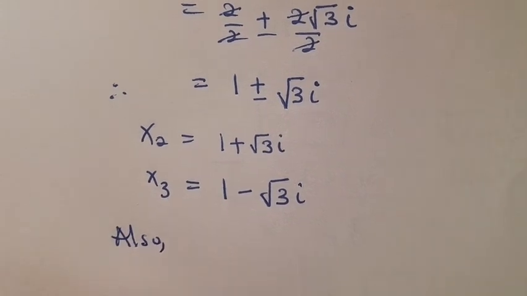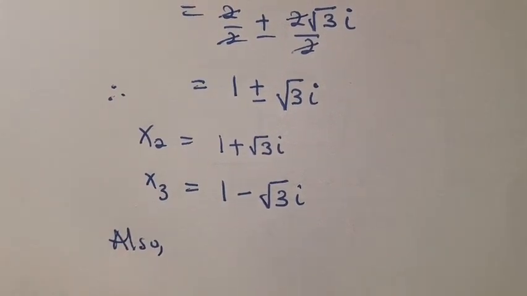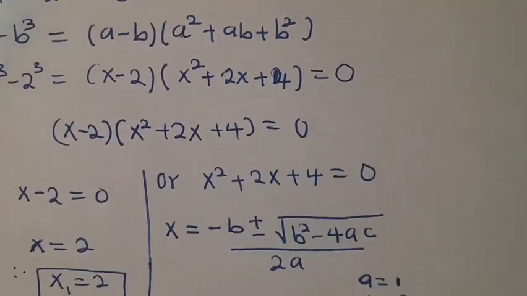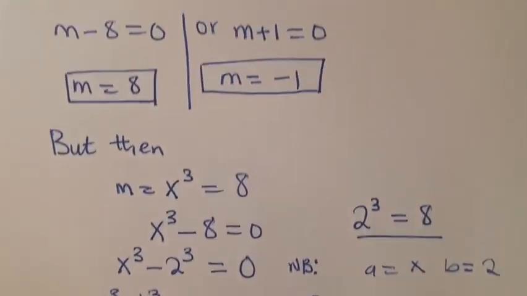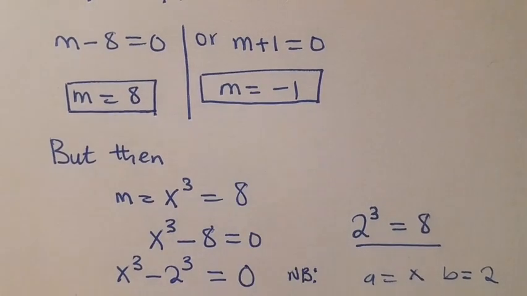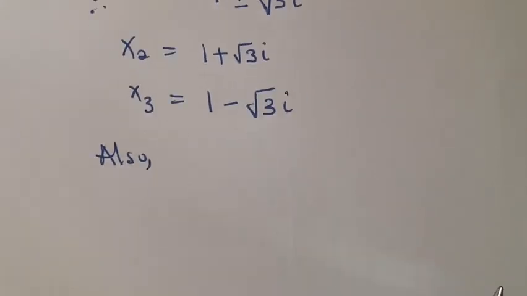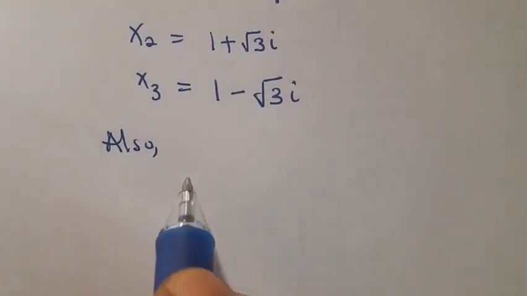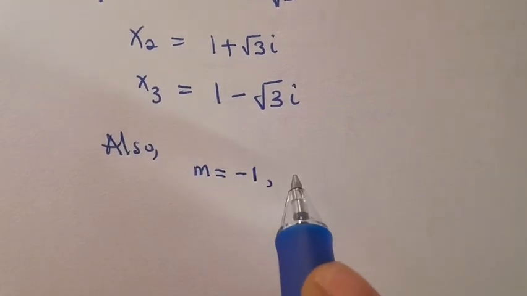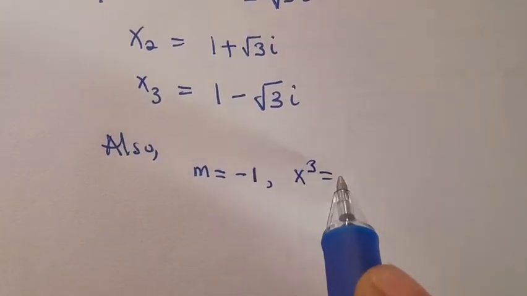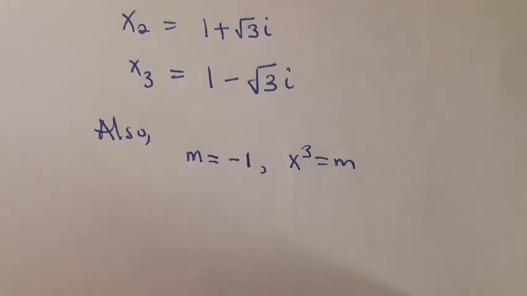Also, we have to recall that we have our m equals minus 1 as well. So when m equals minus 1, we have x cubed equals m.